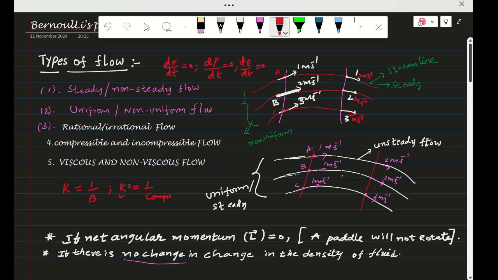So the bulk modulus we study for all types of matter, that is solid, liquid and gases. We studied it already. For solids compressibility is very less, but for gases compressibility is more. So gases can compress to a greater extent in volume, but solids cannot.